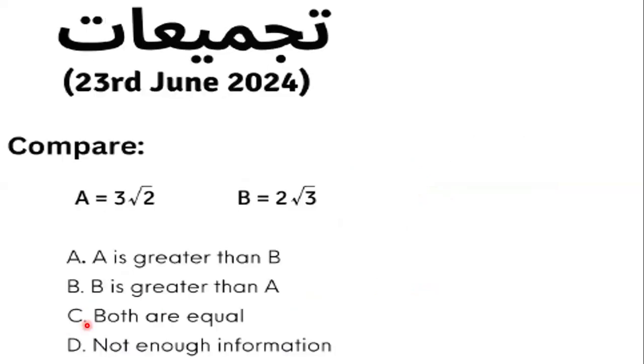Okay, let's proceed to the next one. In this question, you are asked to compare A, 3 square root of 2, and B, 2 square root of 3. Keep in your mind this point.